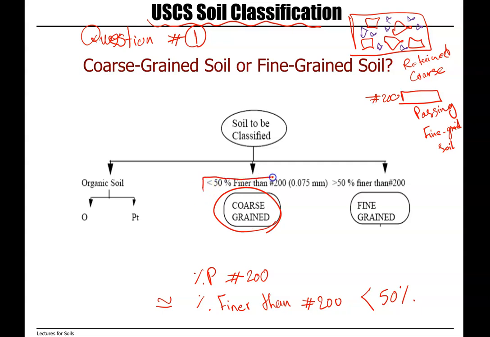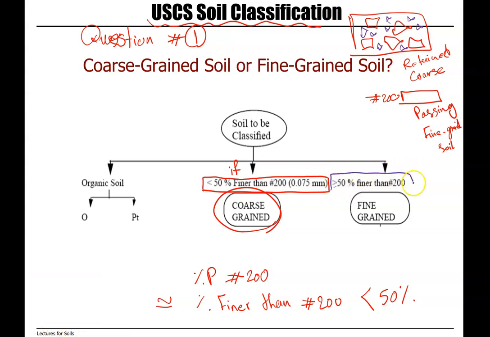So if less than 50% is finer than sieve number 200, or then less than 50% of the material passed through sieve number 200, means that more than 50% is retained on sieve number 200, which means that more than half of our particles are coarse grained, so we refer to that as coarse grained soil.